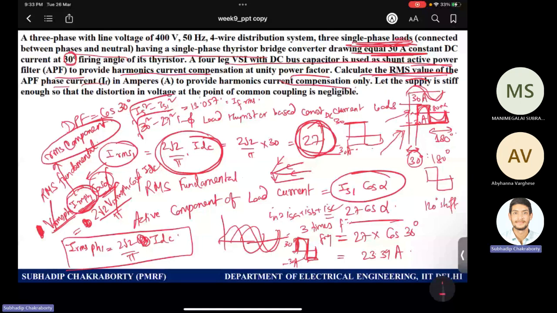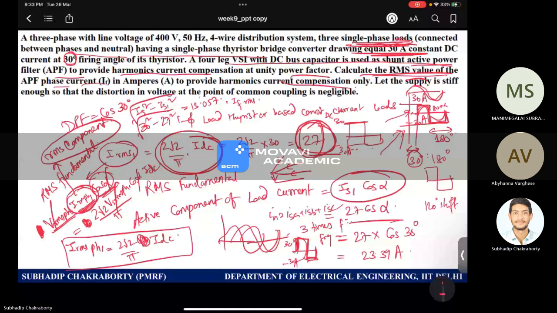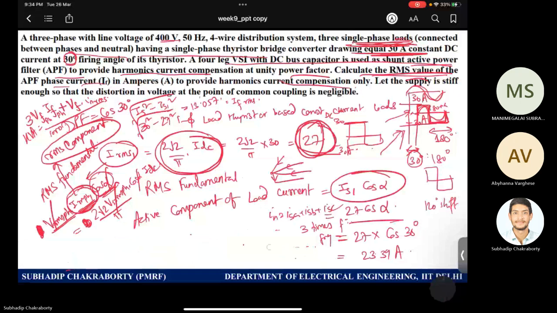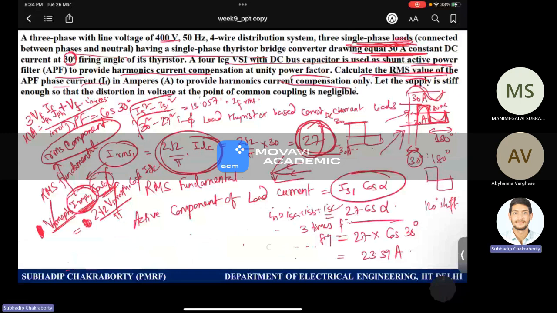So what is 3 times V filter into I filter per phase? I will just rub and write. So 3 times V, this is 400 by root 3, into I filter RMS. I filter RMS I calculated just now.